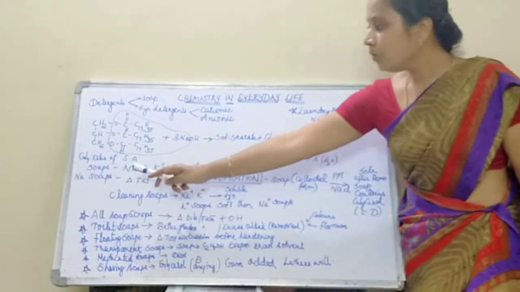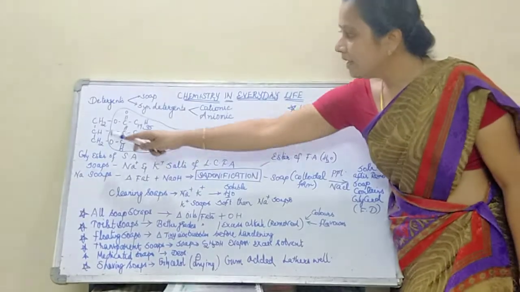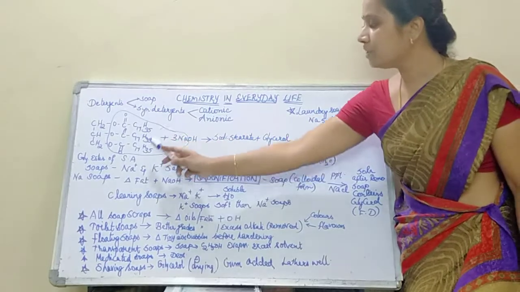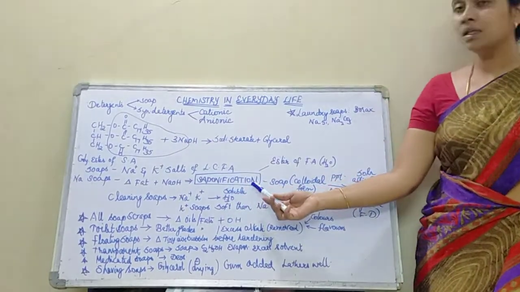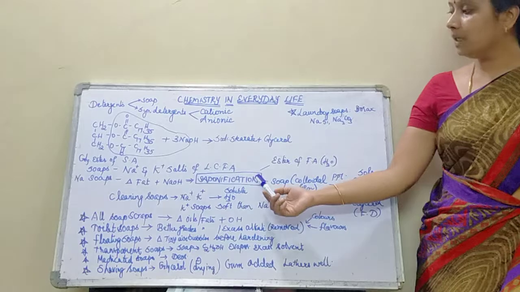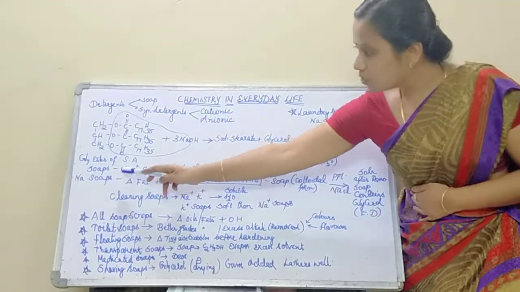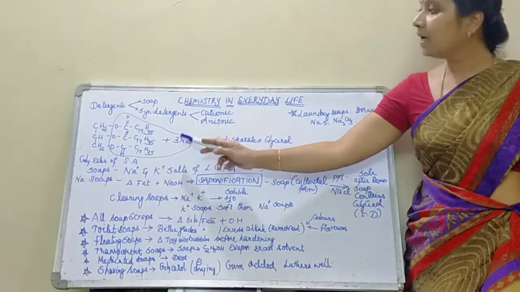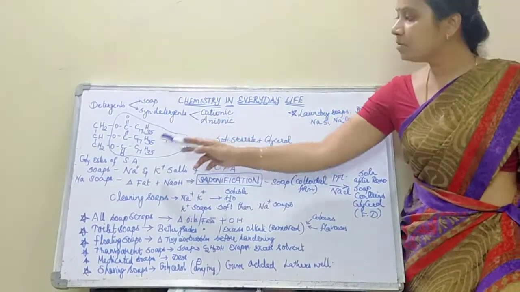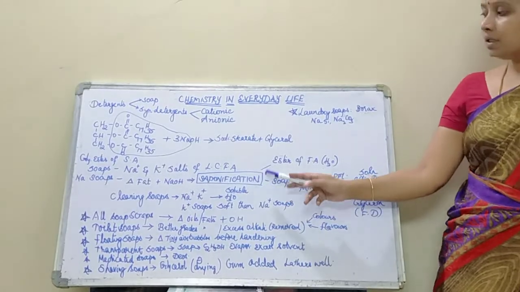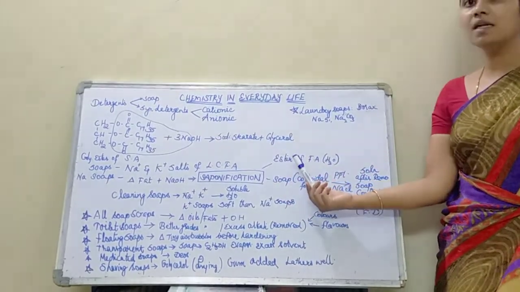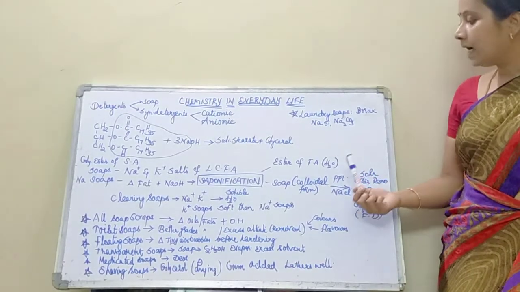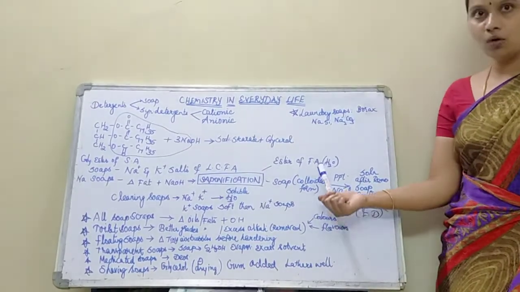Sodium soaps are produced by heating fat along with sodium hydroxide. This reaction is called saponification, which has a lot of economic importance. The ester of the fatty acid can be hydrolyzed by water and the soap is obtained in colloidal form.